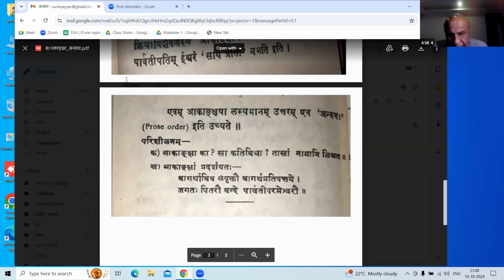So it would be Aham Samskrita Sevanam Sada Karomi. Correct. You can put sada before or after, right? Yes, yes. Satya. Correct.